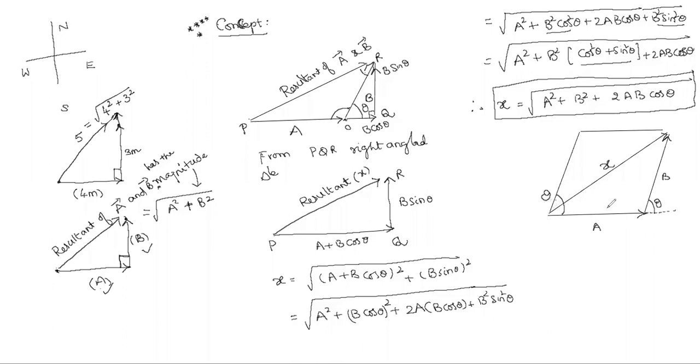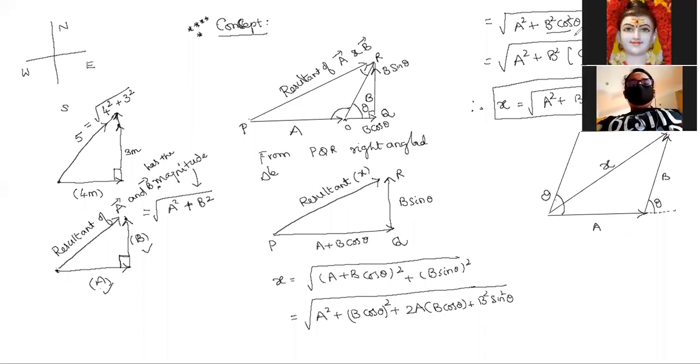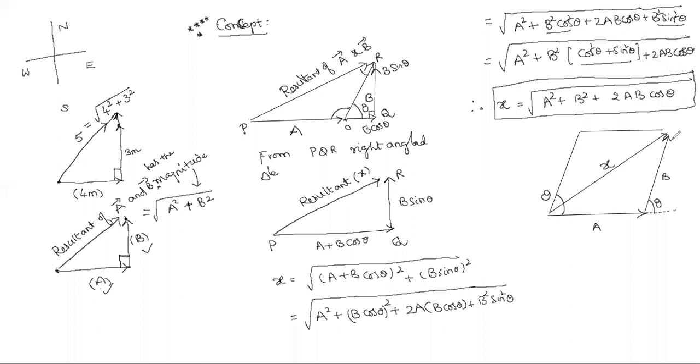This angle, is it theta or some other? Theta. Very good. So here A bar is towards right and B bar is upwards or downwards, Nana? Upwards. So the parallel one I take here upwards.